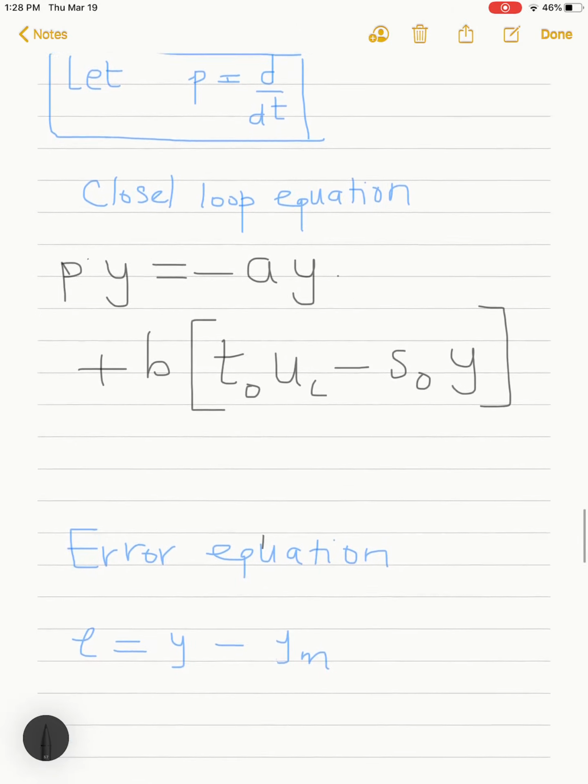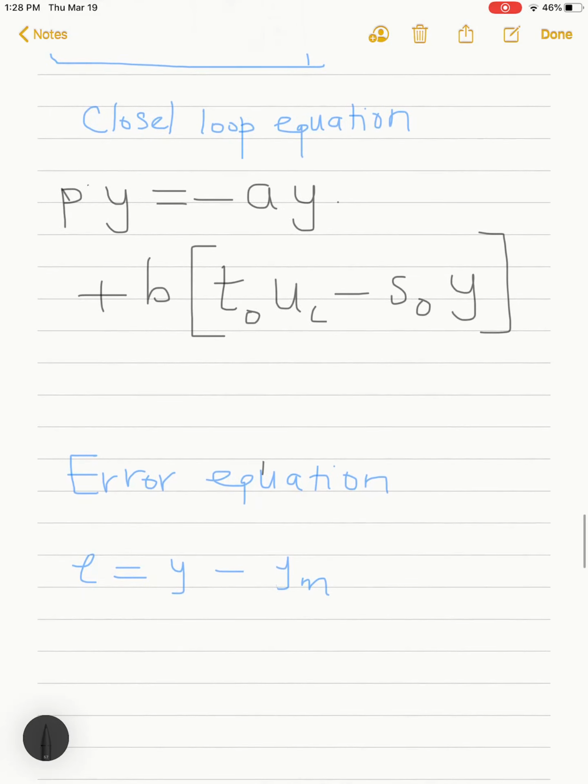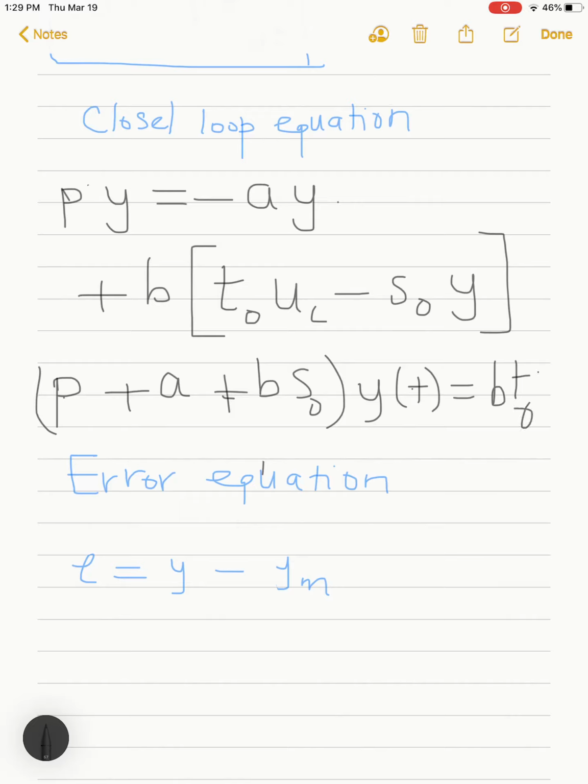Now I can bring all terms that contain y into the left hand side of the equation, so that will be (p + a + b s0) times y(t) = b t0 uc. This is the closed loop equation of the system.